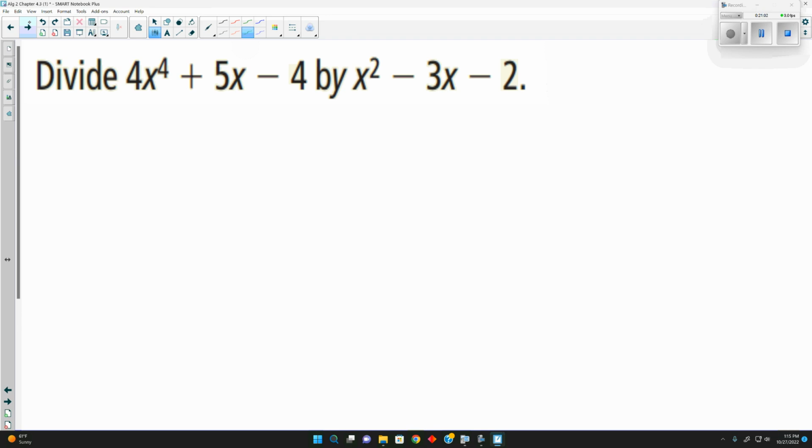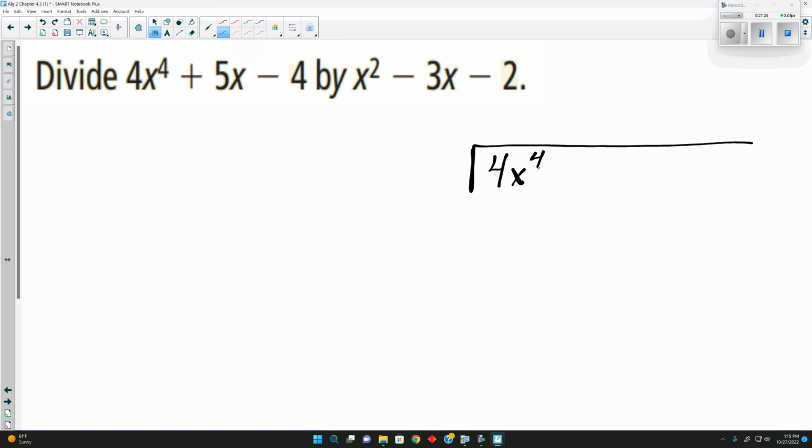We're going to look at two more of these here. So we'll put what's inside first, so we'll have 4x to the fourth.